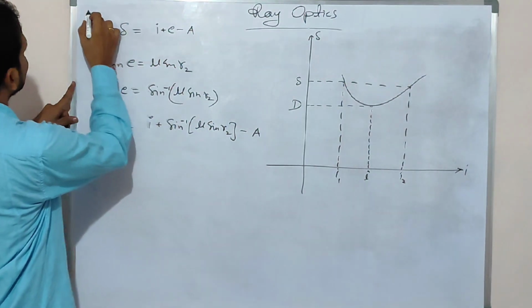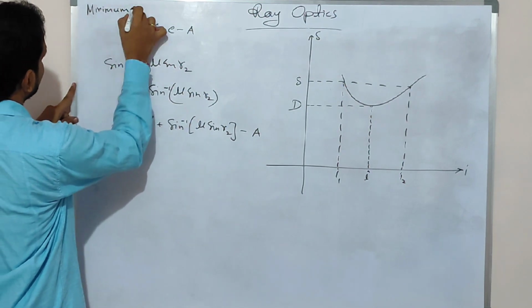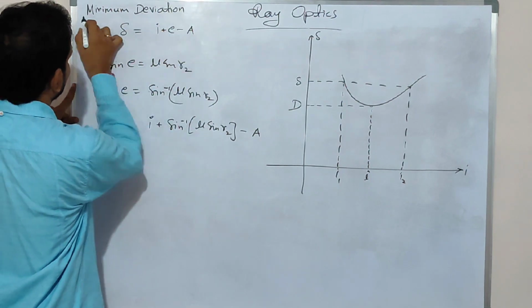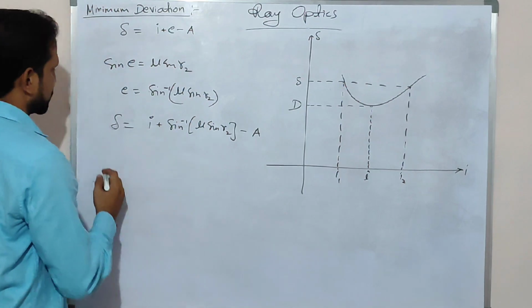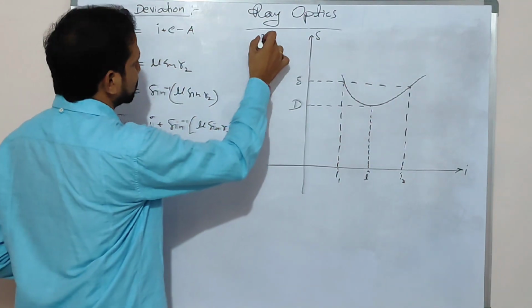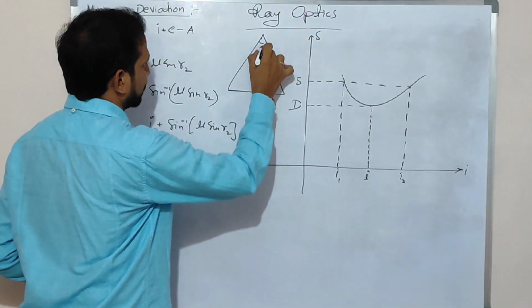And what are the keywords that we can have here? Let me keep the heading here: minimum deviation. If I draw the diagram of the system, this is the prism, angle of prism.